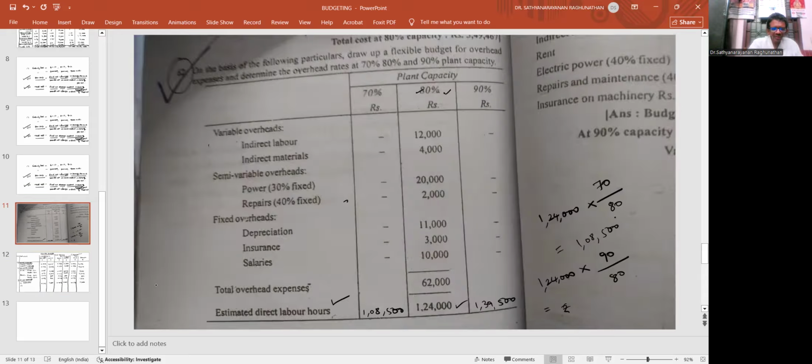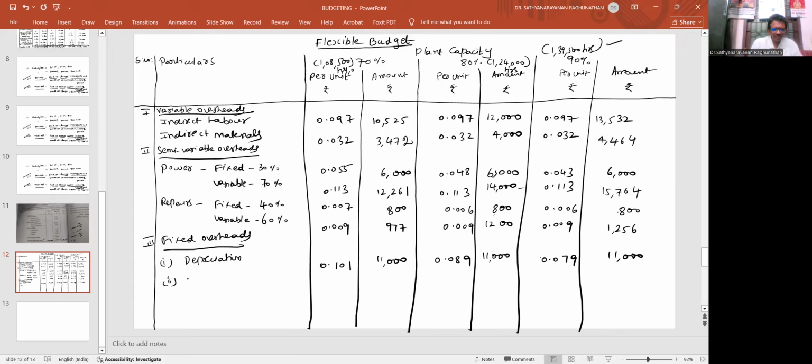The next one, insurance. All of you observe. Insurance is 3,000, 3,000, 3,000. Now, for 70% capacity, 3,000 divided by 1,08,500. 0.027. 0.028.